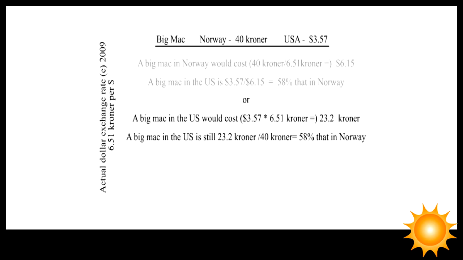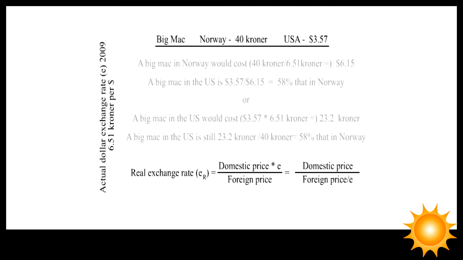So it does not matter whether we are comparing dollar prices or kroner prices, as long as the domestic price is the numerator. Comparing the price of a domestic item with a foreign item using the same currency is to compute the real exchange rate, E sub R.